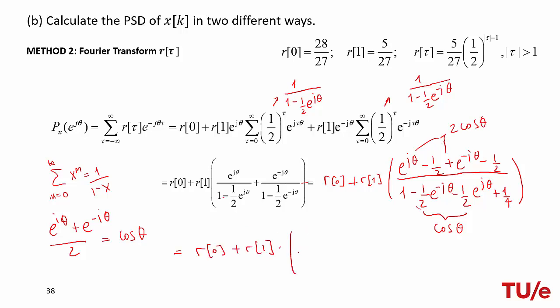So this can be rewritten like this, and on the denominator I have 1 plus 1/4 minus cosine theta, and at the numerator I have minus 1 plus 2 cosine theta, and this is equal, of course, to 5/4.